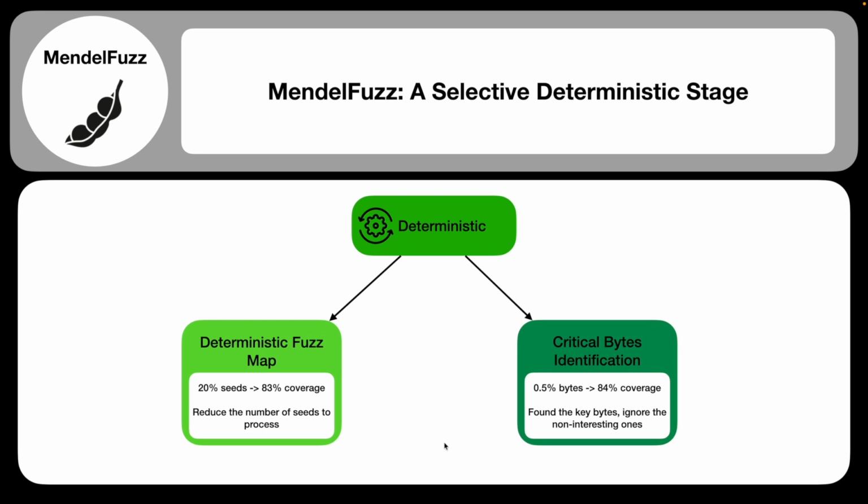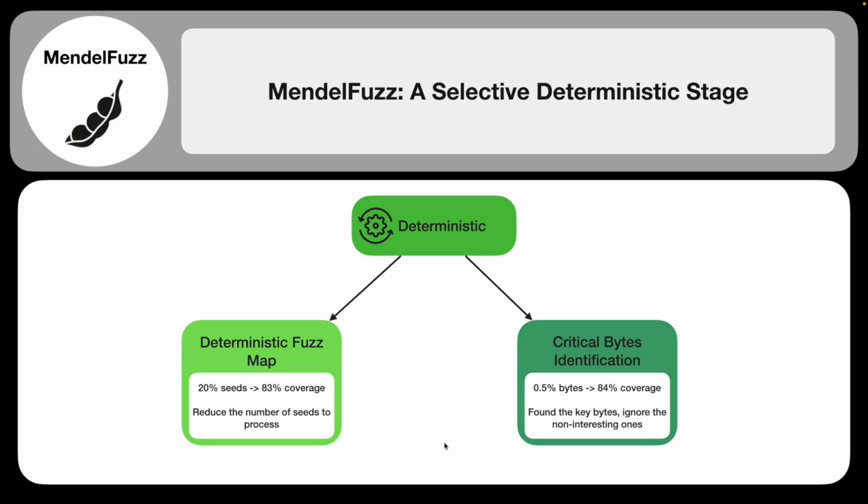And also their second finding, that only 0.1% of bytes being toggled, changed, or mutated results in 84% of coverage. So if we can find that subset of bytes which produces interesting behavior and ignore the rest, we can, again, speed up the deterministic stage. And if you can do these two aspects at the same time, you're able to get a huge performance increase without losing the benefits of the deterministic stage.